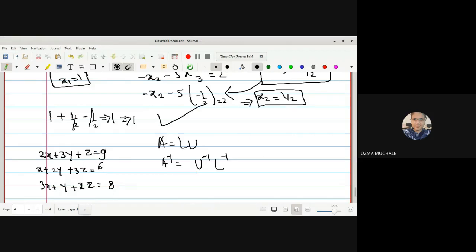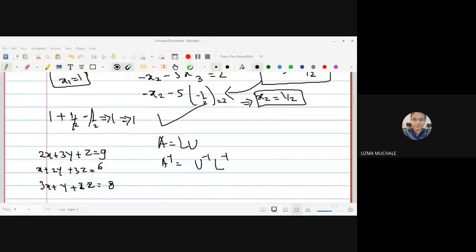What is Uij and Lij, and then solve for Ax. Ly is equal to b and Ux is equal to y.